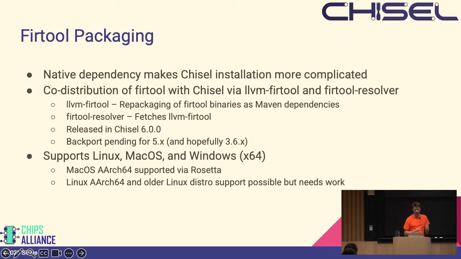But now FIRRTL will automatically be downloaded by Chisel, so it makes it much easier to run it. This is true as of Chisel 6, not on the Chisel 5 line, unfortunately. I'm trying to get that backported. And it supports Linux, Mac, Windows, except for Linux ARM64. If anybody wants to help with that, that'd be great. But those are the things that are currently working.